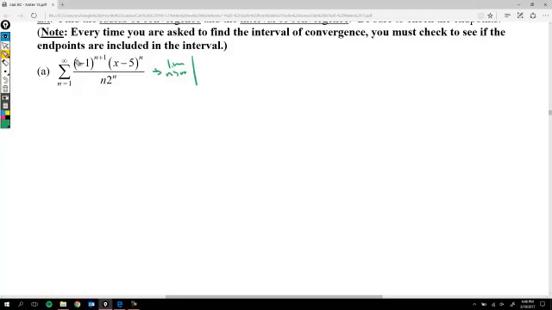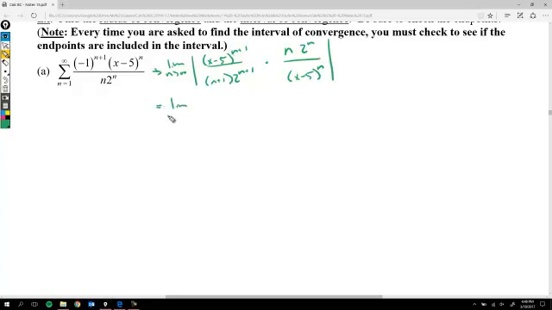I'm not even going to bother writing the negative ones because those will cancel and I have absolute value bars, so I don't really have to worry about that. Then we're going to multiply by my reciprocal. So I've written out my ratio test.